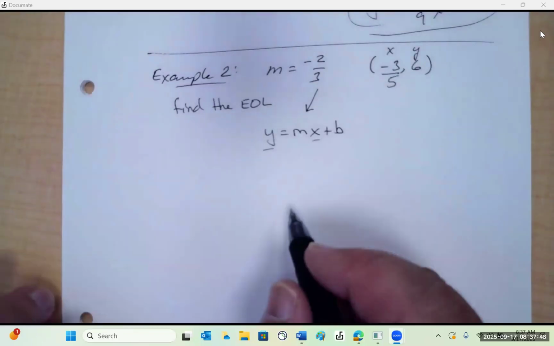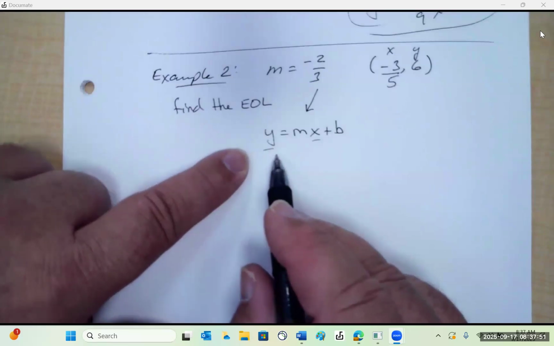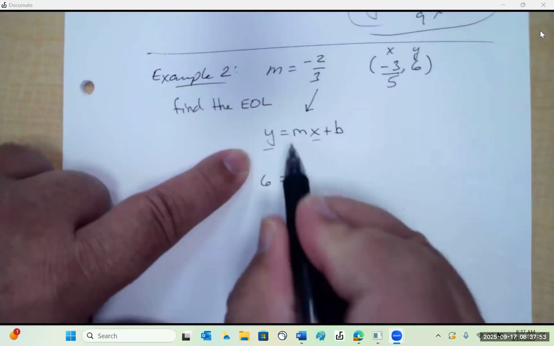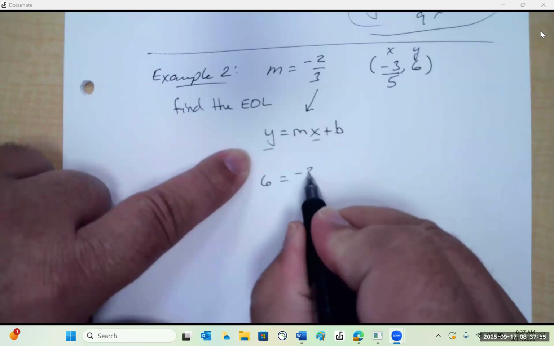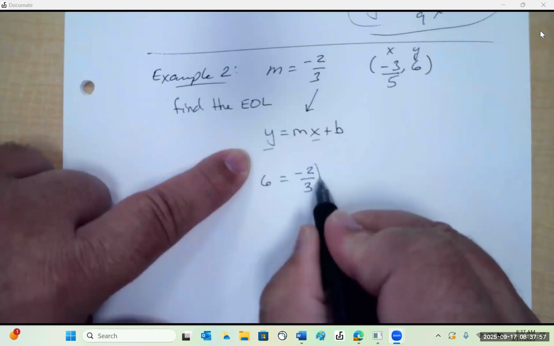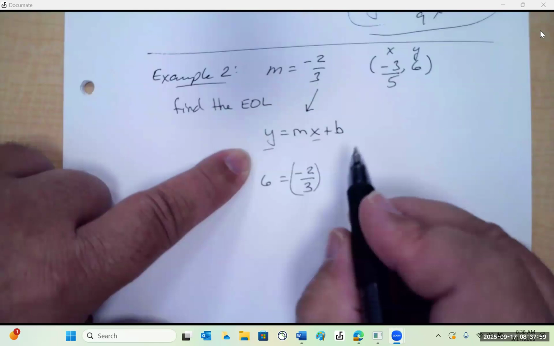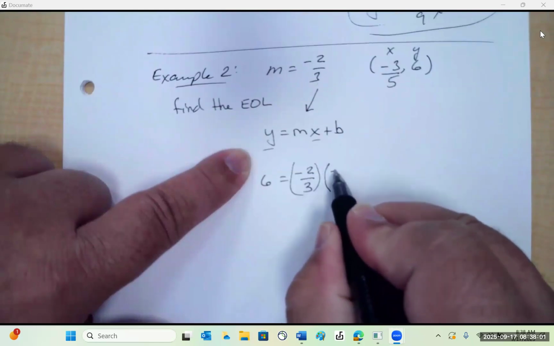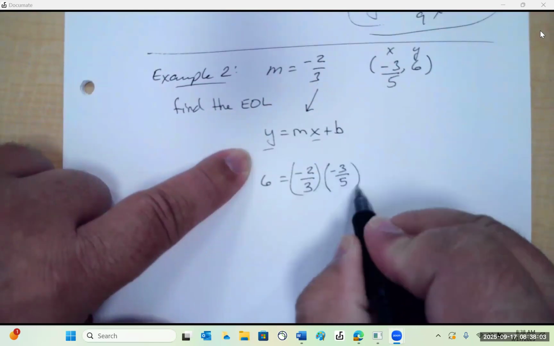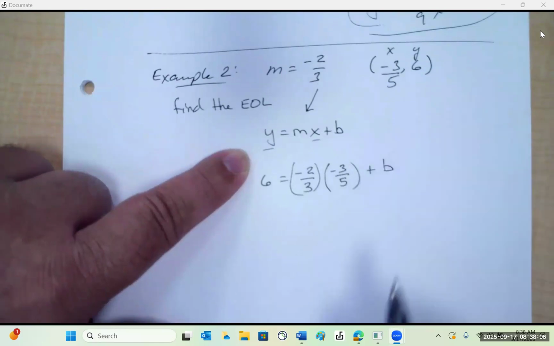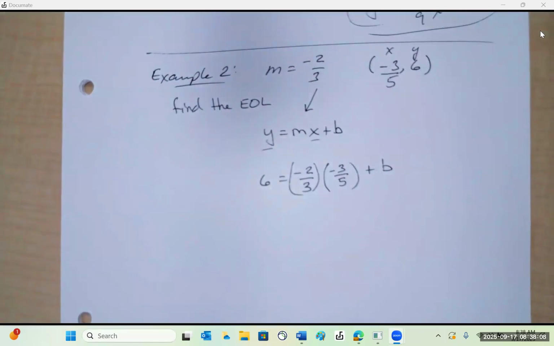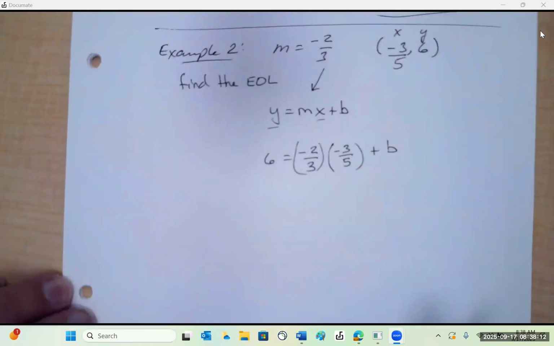So let's plug everything in there. What's y? M is negative 2/3. What's x? And then b, we don't know. We have to solve for b. So plug in what you know, let's solve for what we don't know.